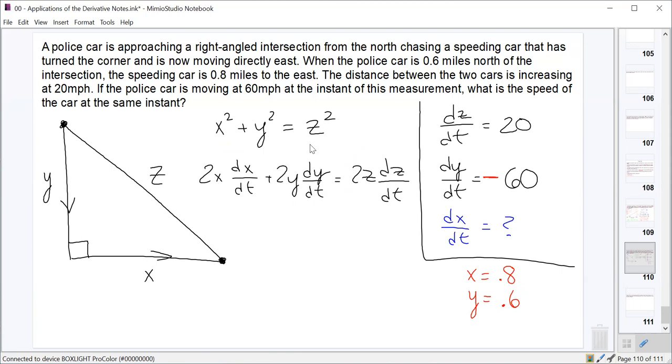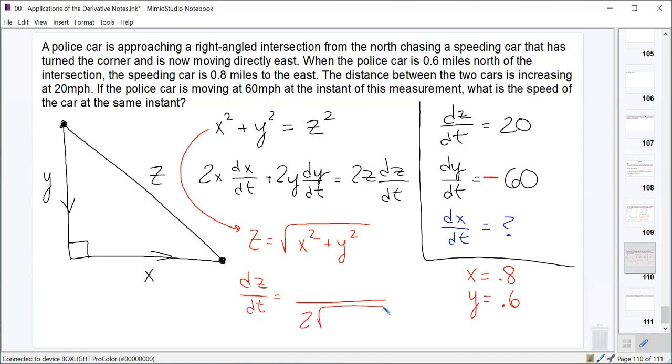Now, another option, if you don't want to do that, is we could come down here and just say z is equal to the square root of x squared plus y squared, and take a derivative. dz/dt is equal to 1 over 2 root x squared plus y squared, using the chain rule on root u, times 2x dx/dt plus 2y dy/dt.